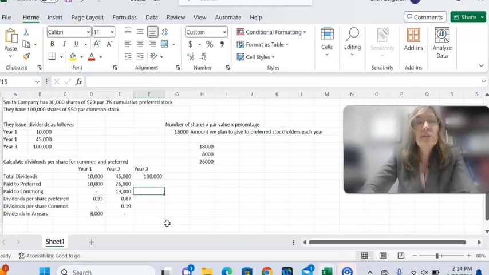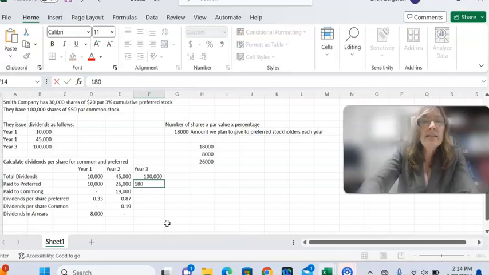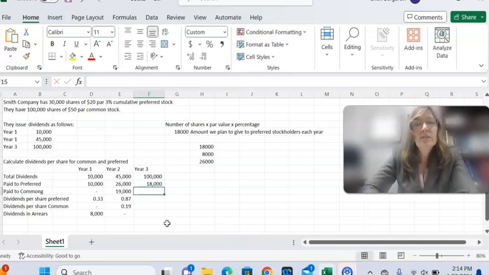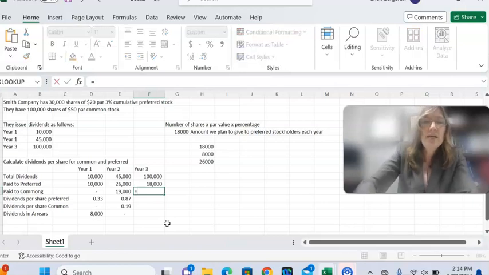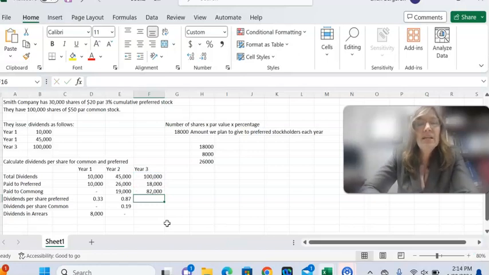Let's look at year 3 now. For year 3, we want to give preferred stockholders the 18,000 that we always owe them. We don't have anything to add for arrears, so let's just give them the 18,000. So do we have any left over for common? Yes. 100 minus 18 is how much can go to common. And now we just need to divide by number of shares to get the dividends per share.